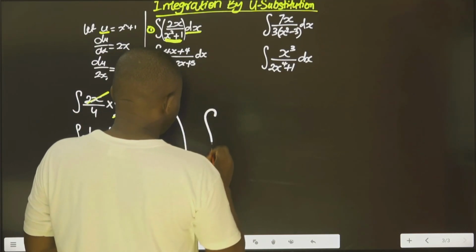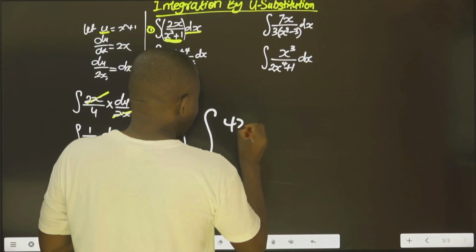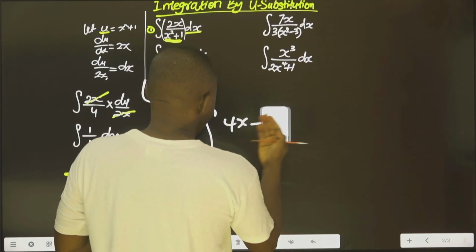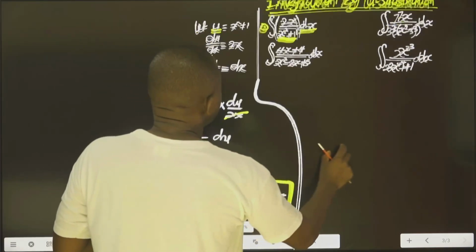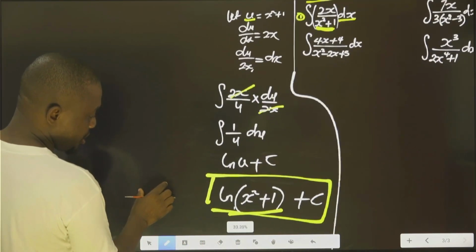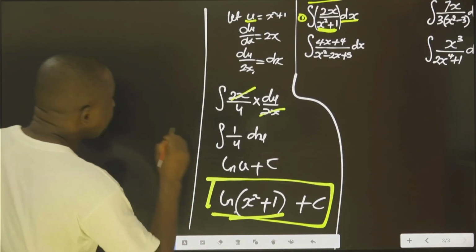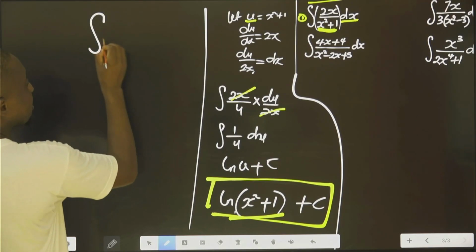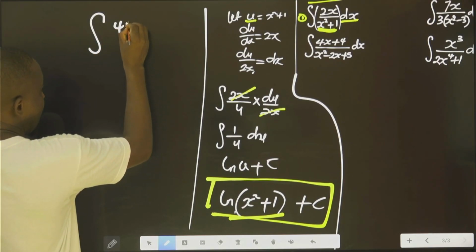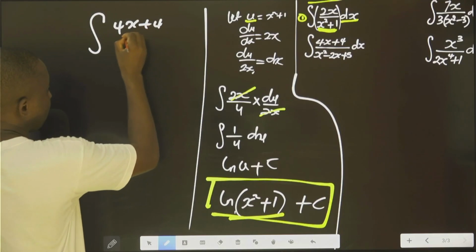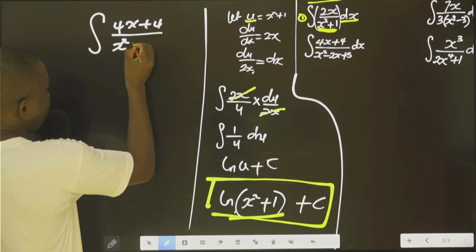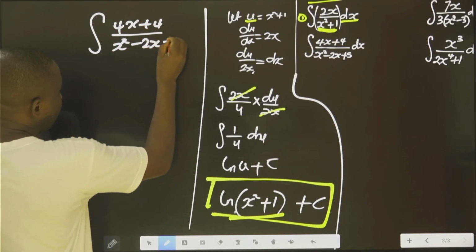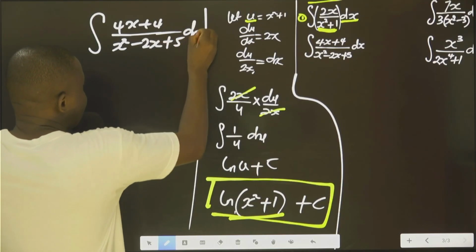Let's approach the second one. Let me work it here. This second one: the integral of 4x plus 4 over x squared minus 2x plus 5 dx.